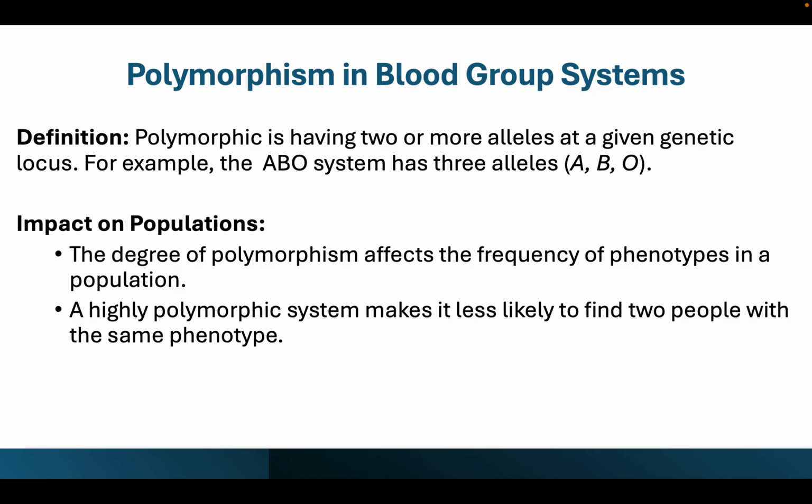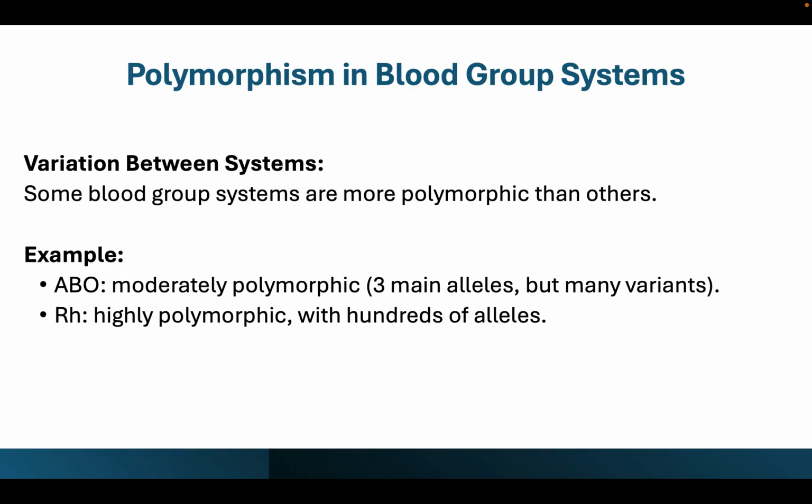The degree of polymorphism, how many alleles I have, affects the frequency of the phenotype in the population. A highly polymorphic system makes it less likely to find two people with the same phenotype.